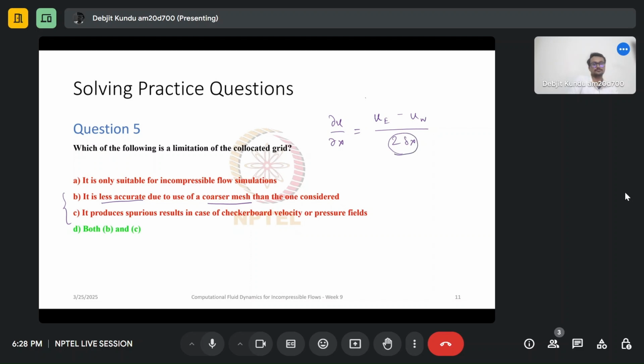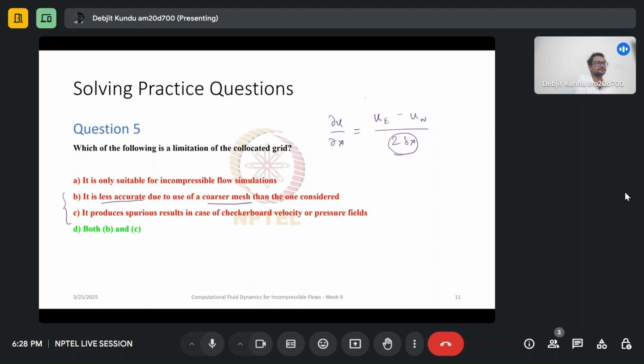I am forced to take 2 points 2 delta x apart, whereas my mesh is of resolution delta x. So my mesh resolution becomes half because of the scheme being used in case of a collocated grid.